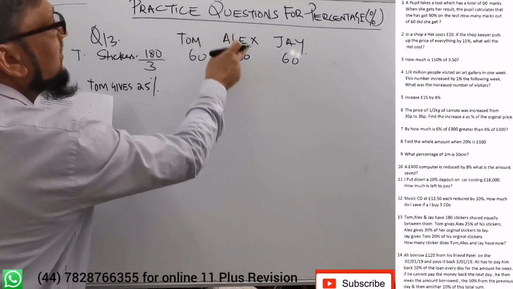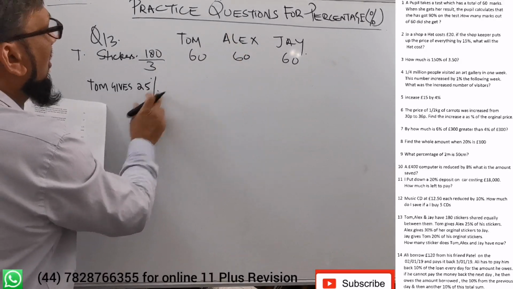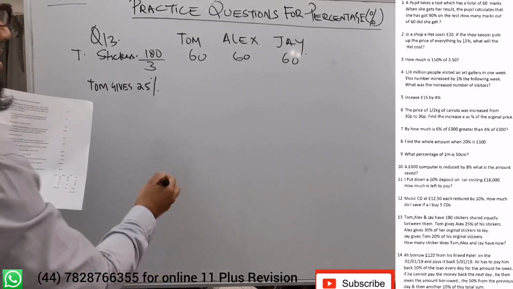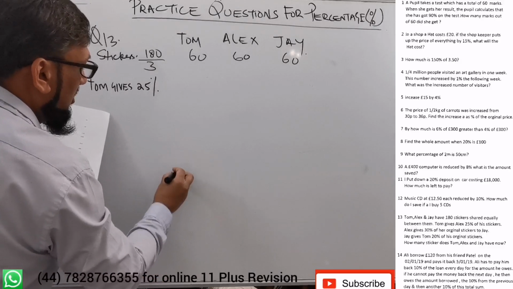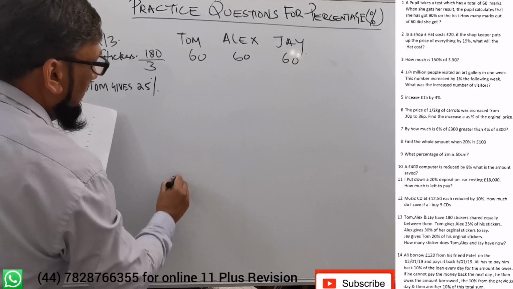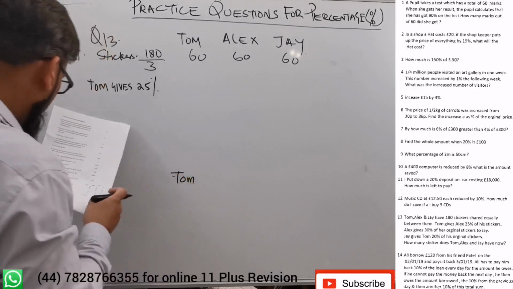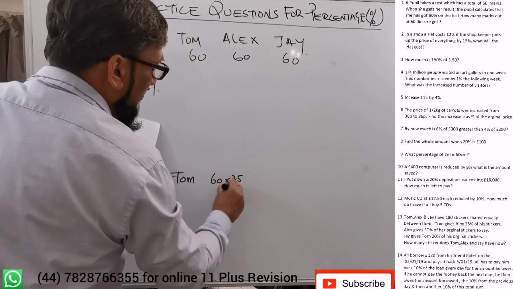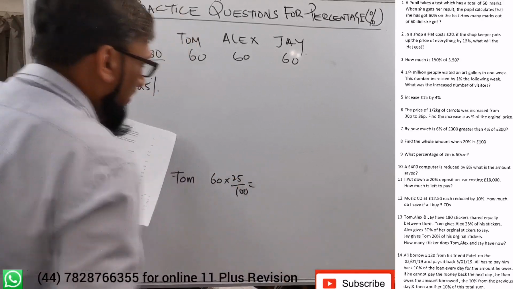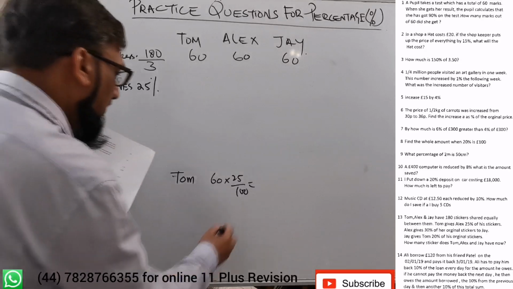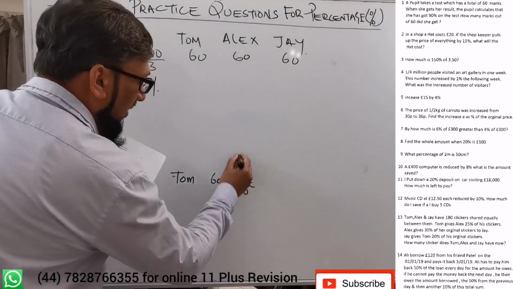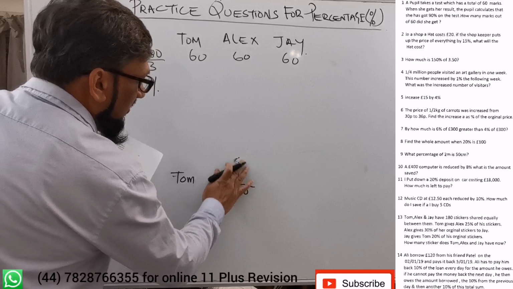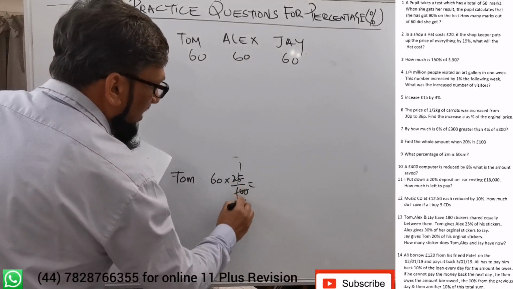So Tom gives Alex 25% of his stickers. Tom gives 25%, so 60 times 25%, and 25 times 4 is 100.